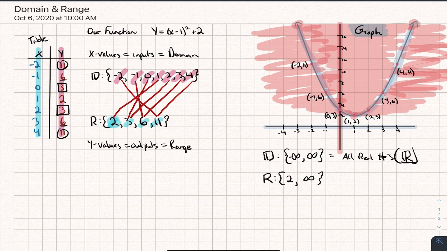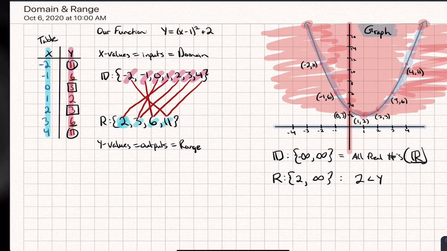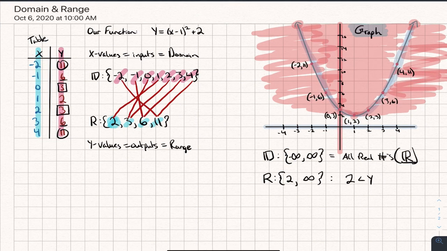And our range, again, is going to be, or I should probably use a semicolon there, that y is any number greater than 2 all the way to infinity. So y is any number in between 2 and infinity. But it also includes 2. So it's any number greater than or equal to 2 or less than infinity.